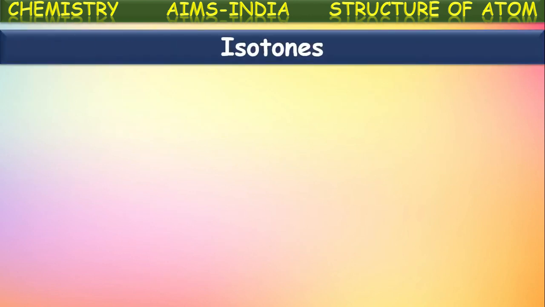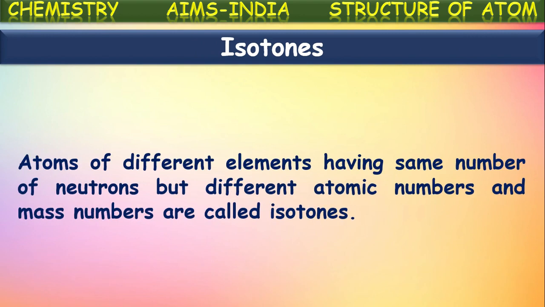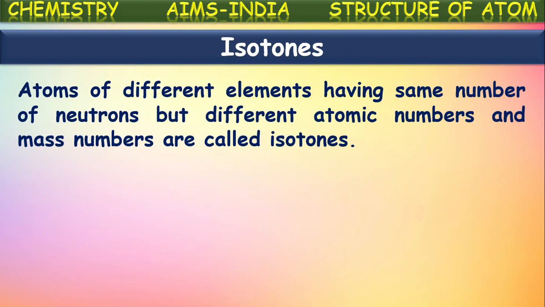Next, one more relation is isotones. Atoms of different elements having the same number of neutrons but different atomic numbers and mass numbers are called isotones. Only the relation between those two atoms will be the number of neutrons.